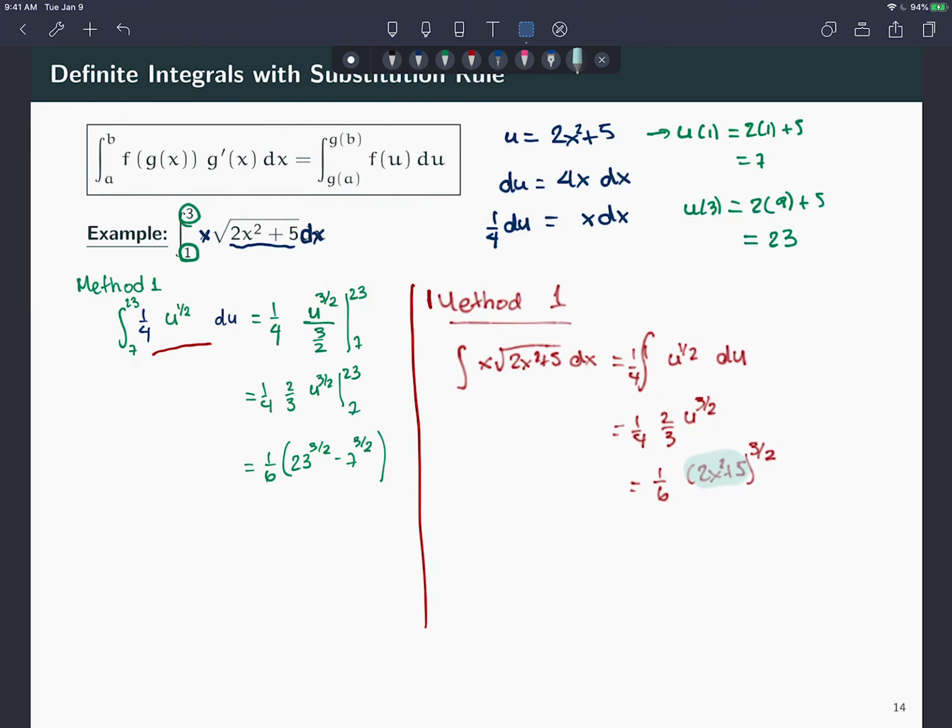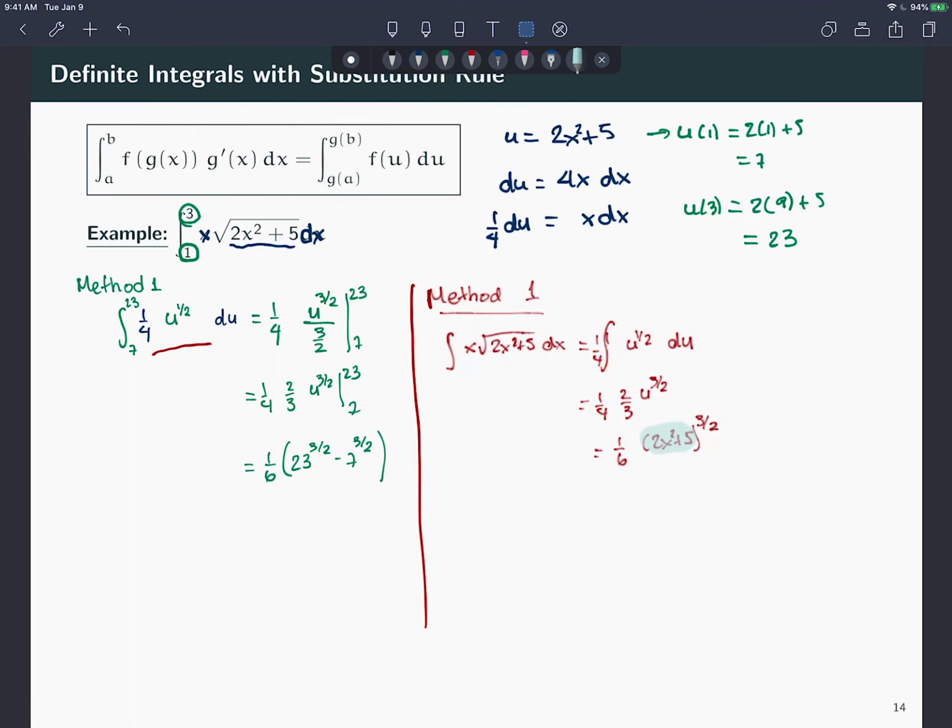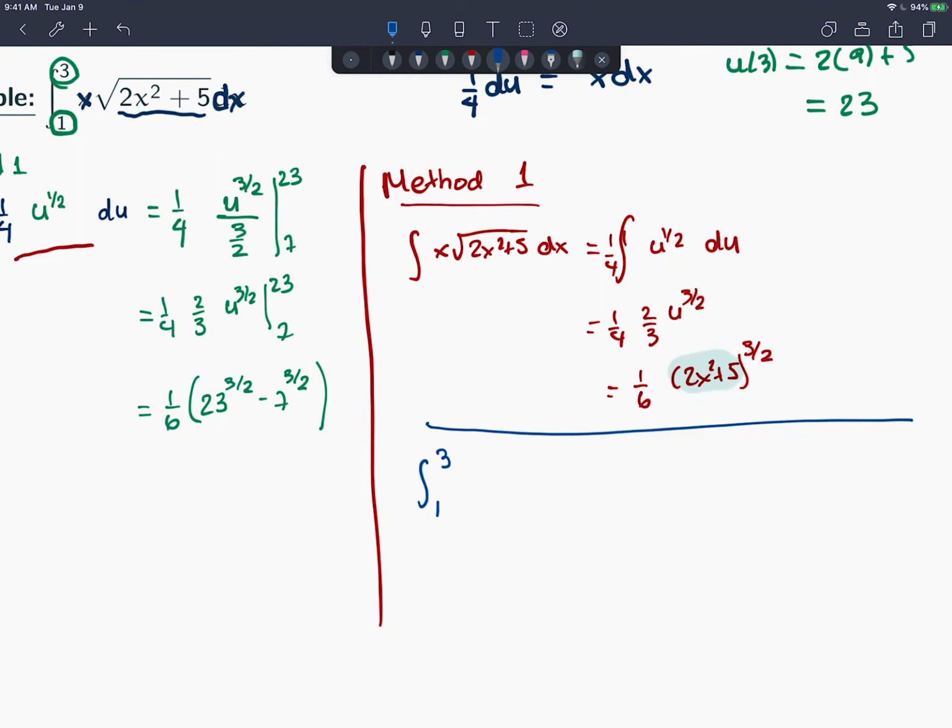But if I want to solve it as a definite integral, now I go back and say, okay, what I do have is this integral from 1 to 3 that I wanted to find. I know the answer is this, and now I evaluate at the original limits.